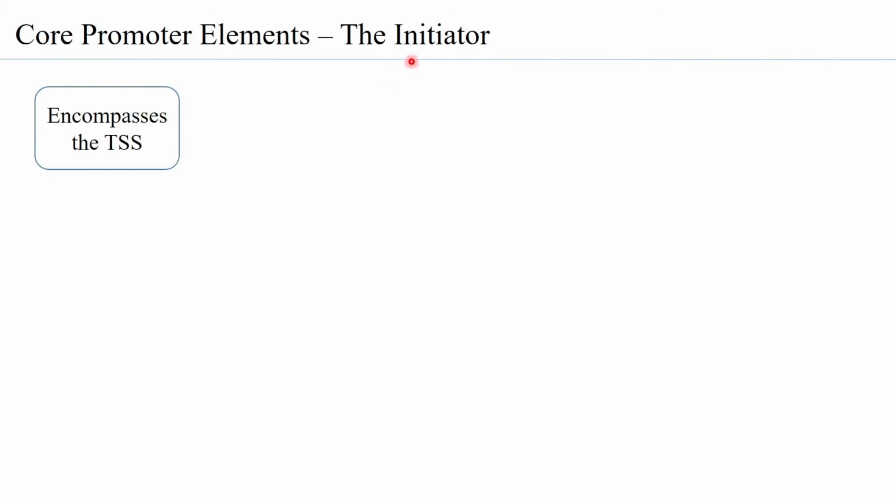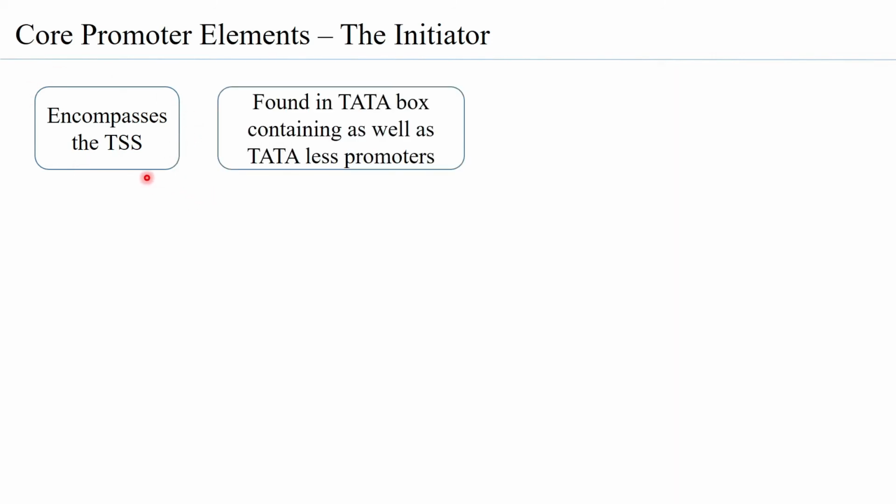The next in line is the initiator. This is a motif that encompasses the transcription start site. It is present whether it is in the dispersed core promoter or in the focused core promoter. It always encompasses the transcription start site.